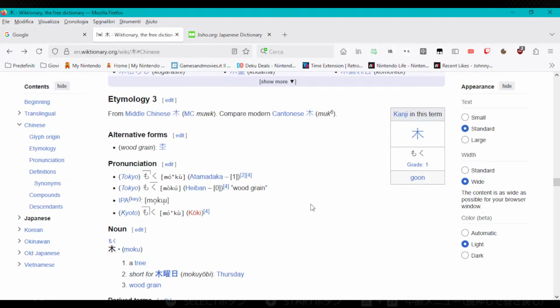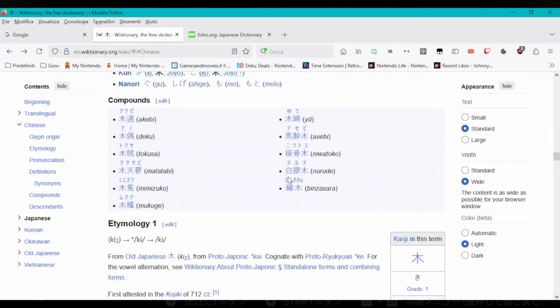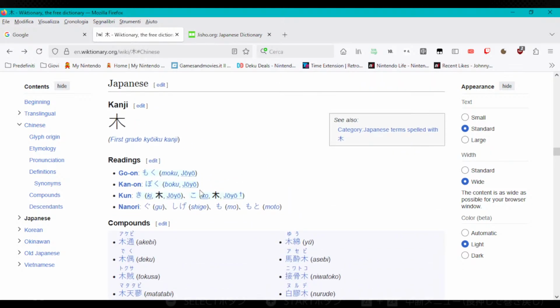And this is a rule, more often than not, there are some exceptions. When the Gon reading starts with M, then it becomes B in Kanon. So in this case, Moku becomes Boku.